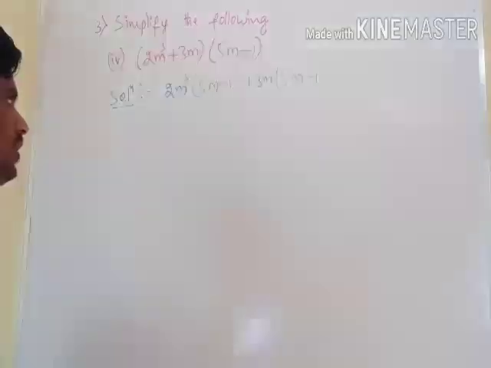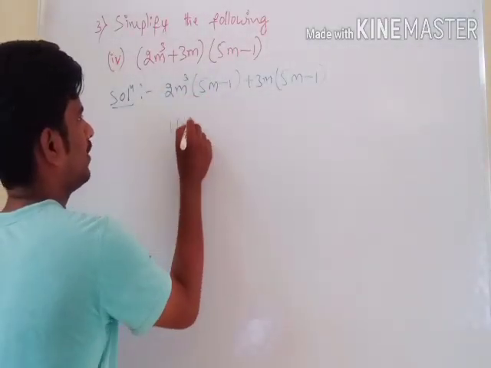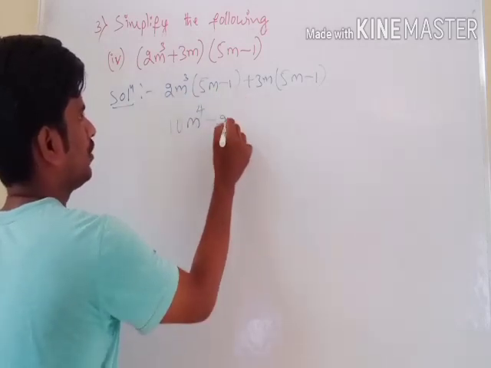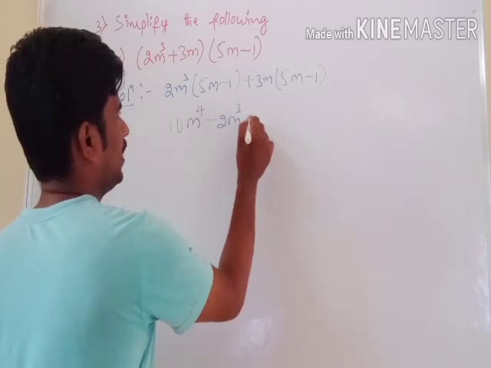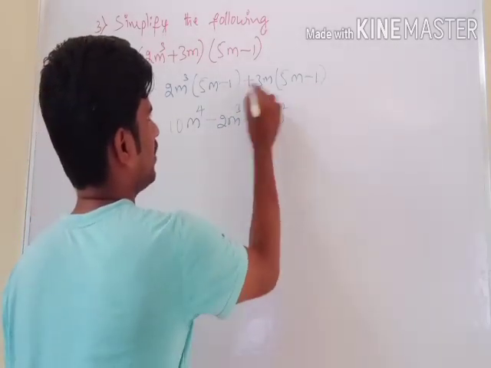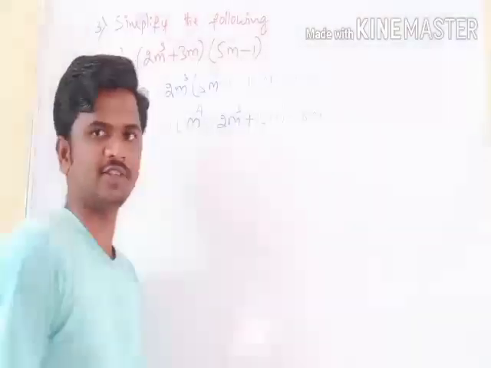Okay, that is 2 fives are 10, m^3 into m, so m^4, minus 2 into 1 is nothing but 2m^3, plus 3 fives are 15, m into m^2, plus, minus minus, 3 ones are 3 into m as it is.